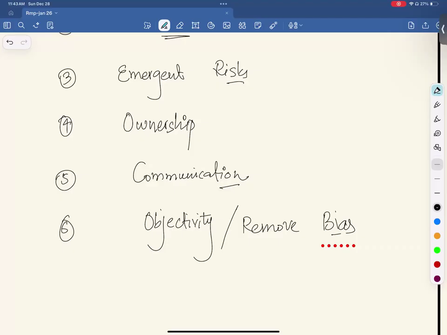Yes, Abid, go ahead. Sir, the subjective part was something like theoretical questions, long questions, and the objective part was something like fill in the blanks. That's right.